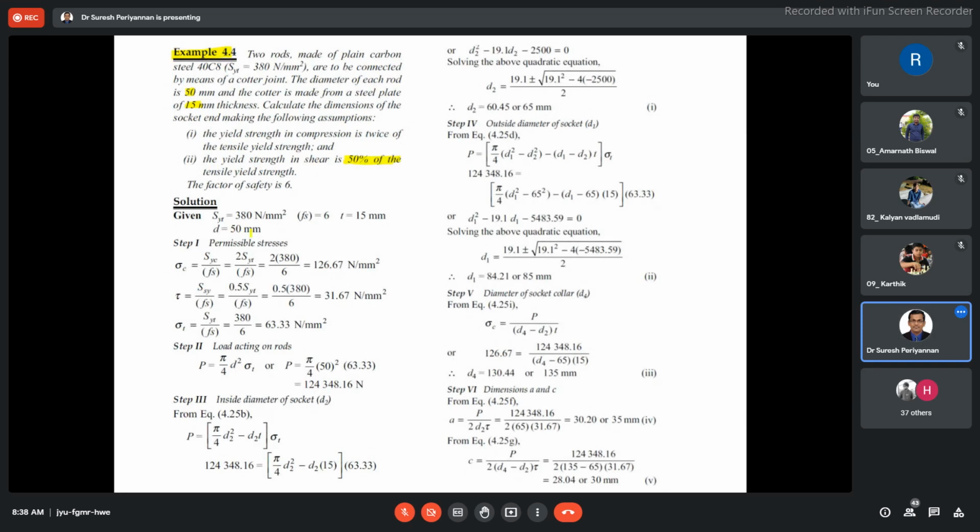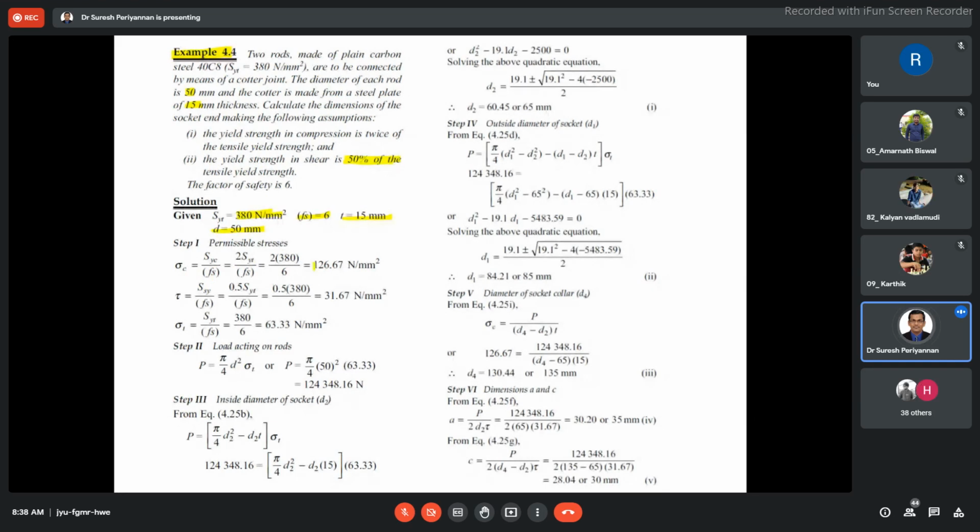Now this is the given data we discussed. SYT is 380 Newton per mm square. This is the thickness. This is the factor of safety. This is the diameter of the rod at both ends. Now, what are the permissible stresses? Because the factor of safety is given, the permissible stress is yield strength divided by factor of safety.